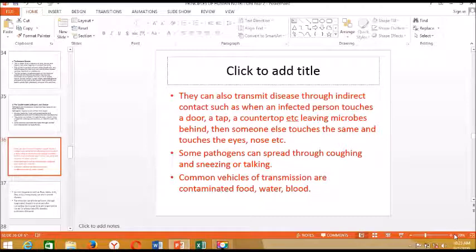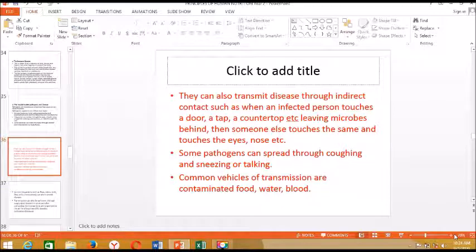And that's why it says, even when you have just gone out or you have touched something, when you come back home, remember to wash your hands. The idea of washing hands is to ensure that whatever you have touched and is clinging to your hands, that must be washed away.